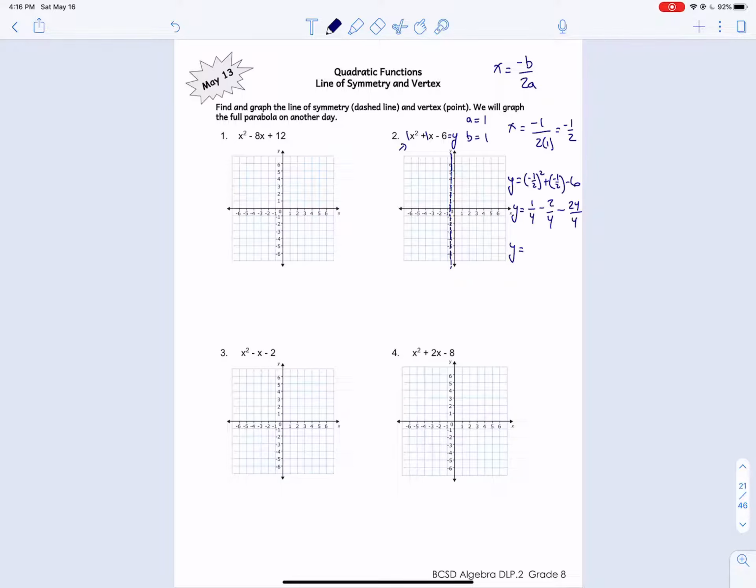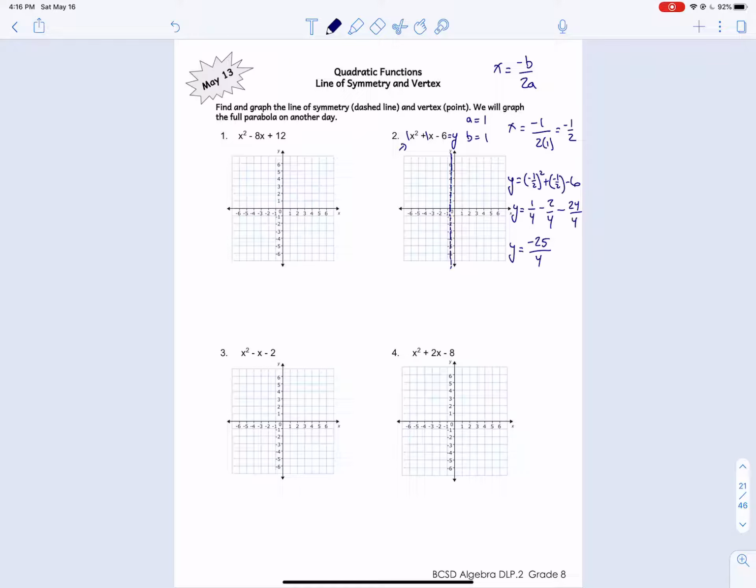So y equals, numerators, we have 1 minus 2 minus 24. Okay, so 1 minus 2 is -1, and minus 24 is -25. Again, if you're not quite sure, you can use a calculator just to check your work. Okay, now we have this fraction, so it's going to be about -6.